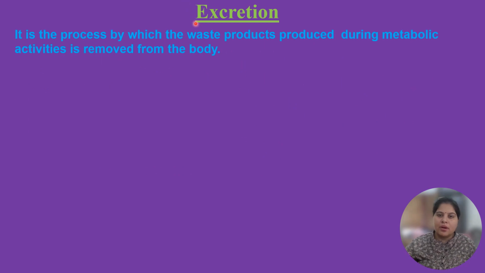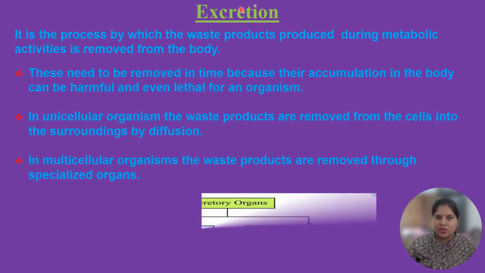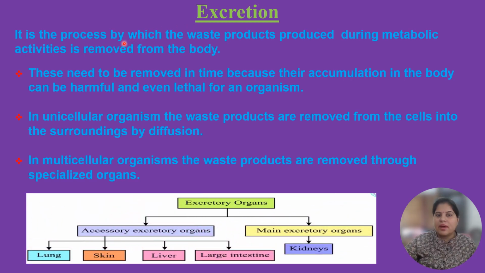Now we will learn about excretion in detail. So what is excretion? Excretion is the biological process through which waste products are removed from the body. Now, from where do these waste products accumulate in our body?